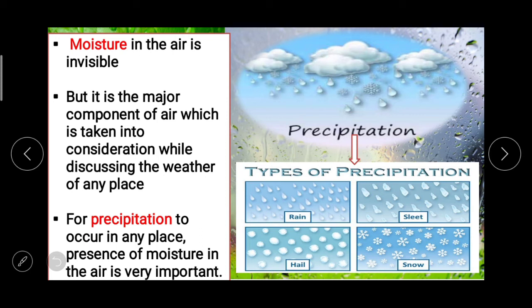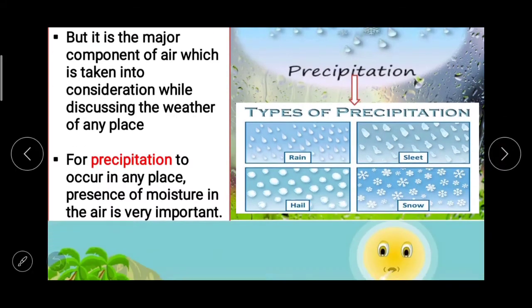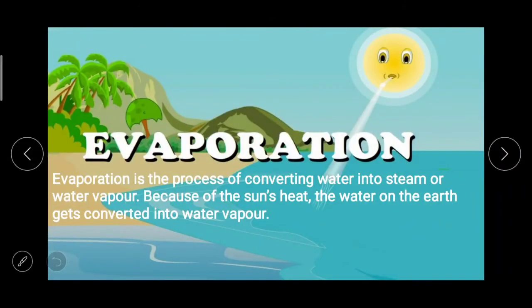It is rain, sleet, hail or snow. Now one by one we will study this in detail, and the first concept is evaporation. You are already familiar with what evaporation is.